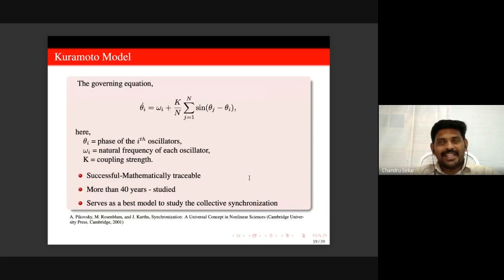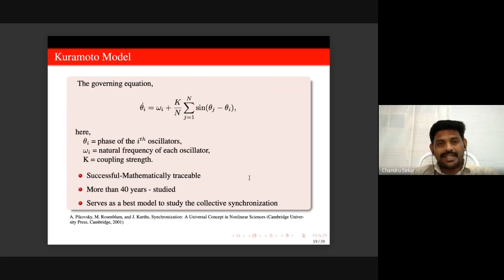So in 1979, Kuramoto solved this globally coupled phase model and found the analytical expression for the synchronized solution.